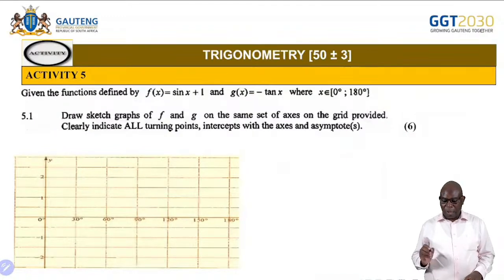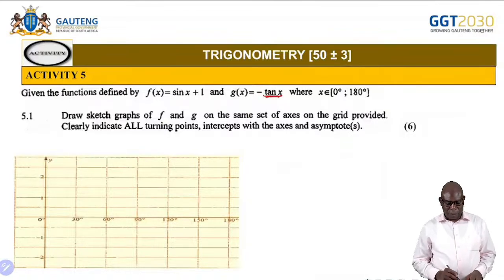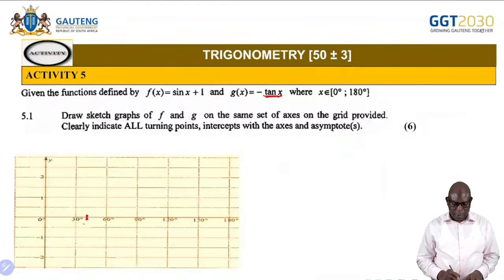Now, let's go to the last activity, which is a function, and that function everyone must get because we are having a calculator. Okay, 6 marks that everyone must get also. They say, sketch that graph. Take out your calculator, put it next to you, and then you can calculate per point. Okay, if I see they've given me a tan, I know tan works with 45, so already my graph was supposed to be having 45 there, 45 there.